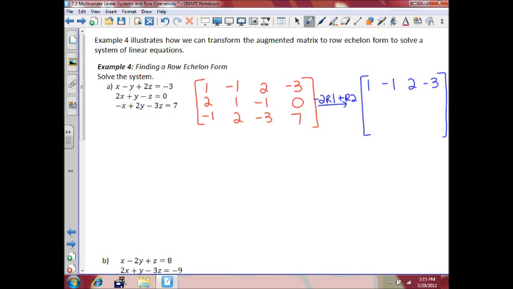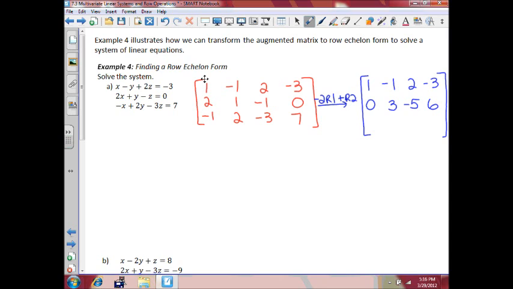The second row is going to change. Negative 2 times 1 is negative 2, plus 2 is 0. Negative 2 times negative 1 is 2, plus 1 is 3. Negative 2 times 2 is negative 4, minus 1 is negative 5. Negative 2 times negative 3 is 6, plus 0 is 6.